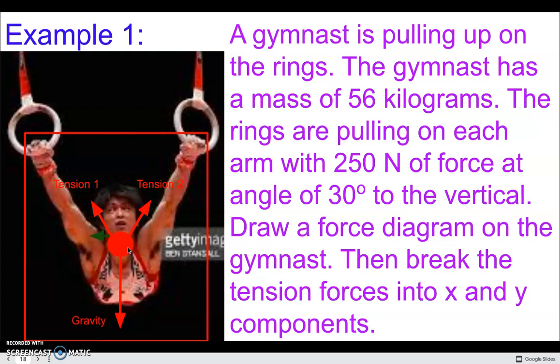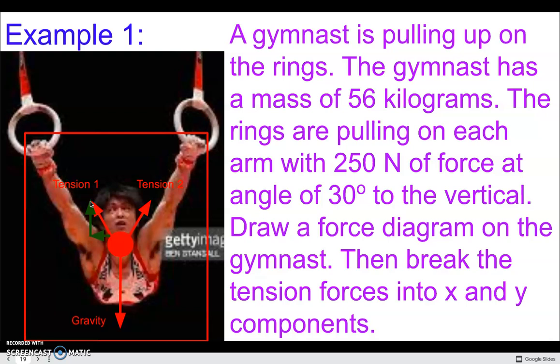Okay, and so what we're just going to do is draw 2 arrows. Those arrows need to be at a right angle to one another. So one's going to go straight to the left, one's going to go straight up. And we're going to start at the tail, and we're going to end at the point of that first tension. So one arrow over, one arrow up.